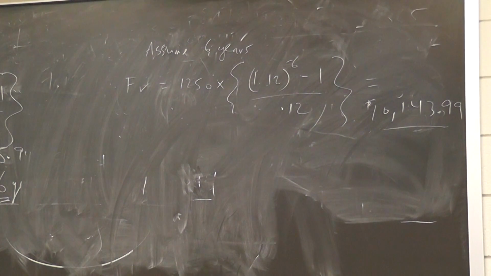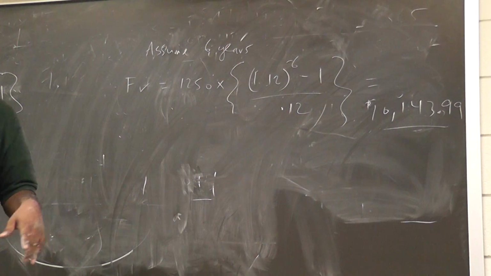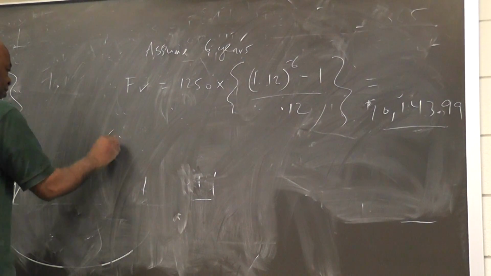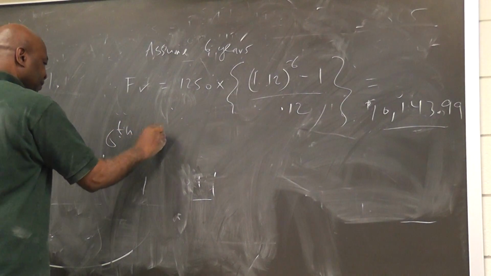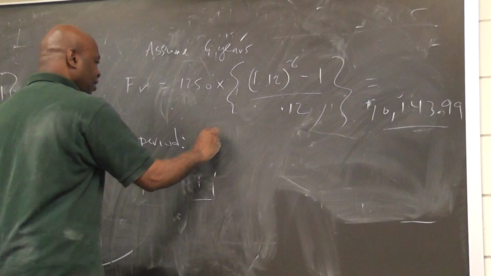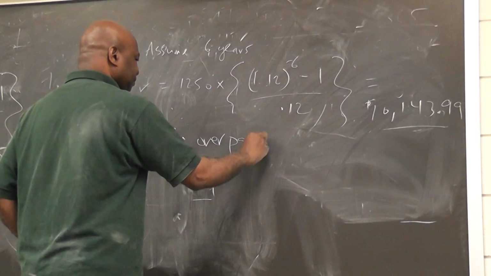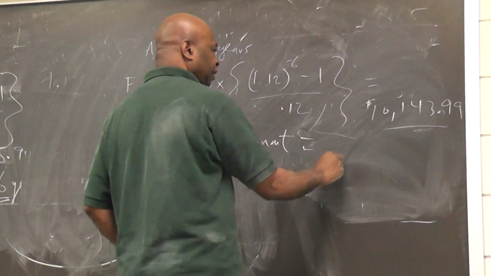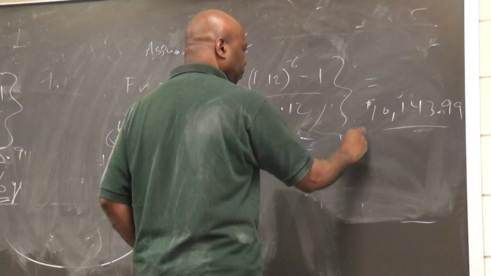That's the overpayment for the last period, so you subtract that from the 1250. So in the 6th period, the overpayment is really 143.99.